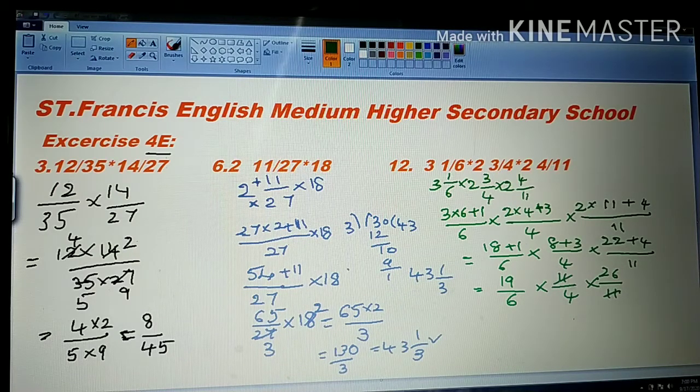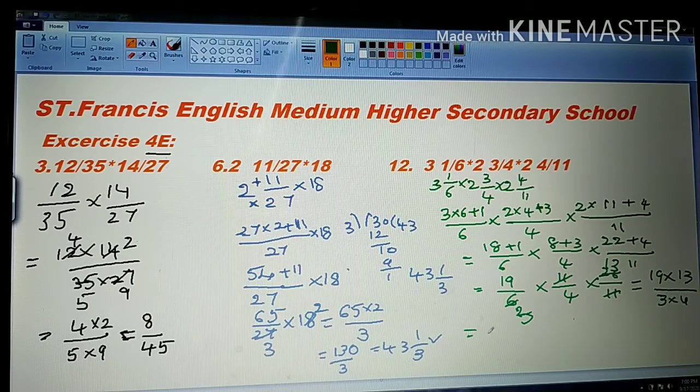So 11 and 11 will be cancelled here. 6 2s are 3... 3 2s, 2 3s, 2 13s, 13. Okay, nothing here. See this one, what you get here? 19 into 13 divided by 3 into 4.